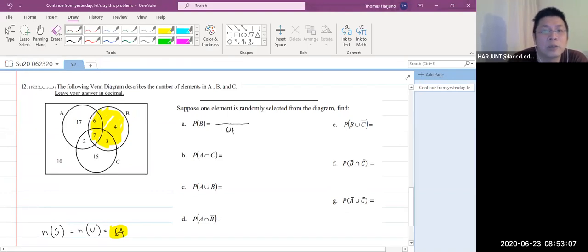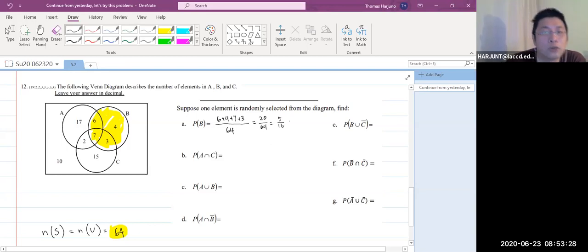That will be 6 plus 4 plus 7 plus 3. That's 20 over 64. Now you can leave it in fraction, but if you do, make sure you simplify. Reduce by 4, reduce by 4.